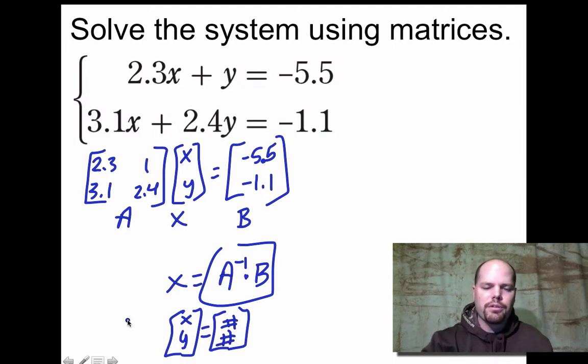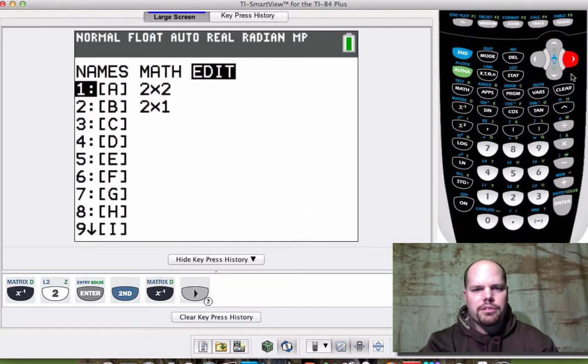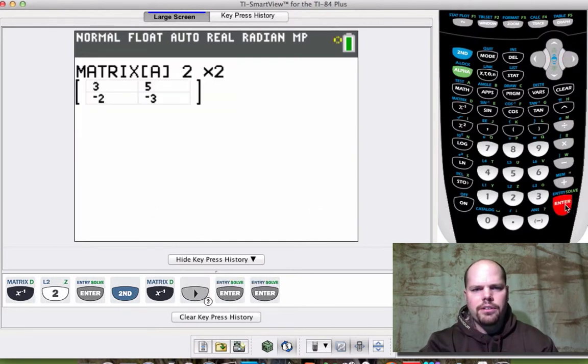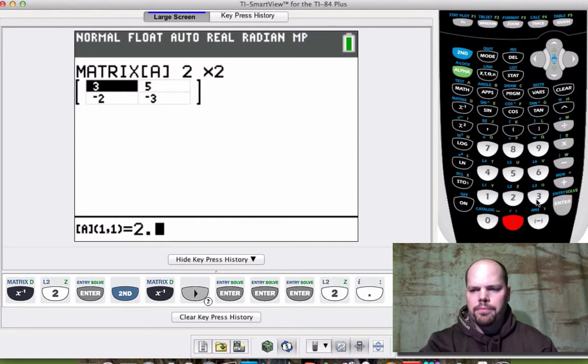Okay, so let's try it on your calculator, or if you want to try it, pause the video and try it first by yourself. That might be a good idea to do. See if you got the hang of this with the matrix method. Okay, so we'll go back to matrix, and we need to edit matrix A. It's the 2 by 2, and the top row was 2.3 and 1.